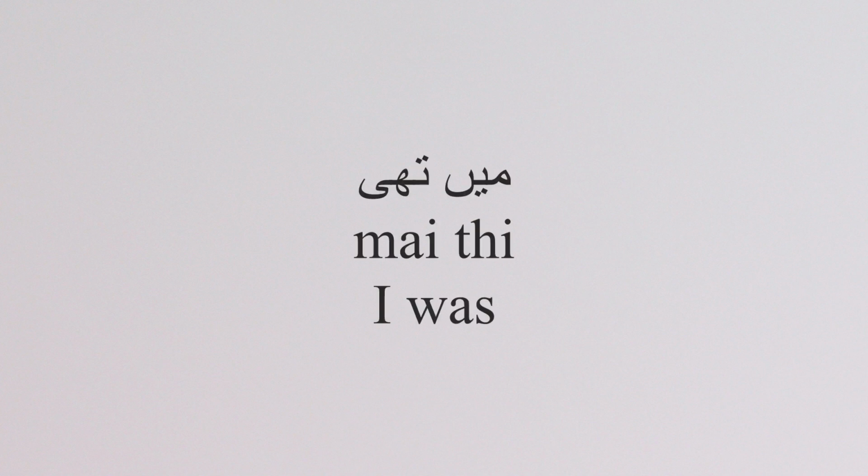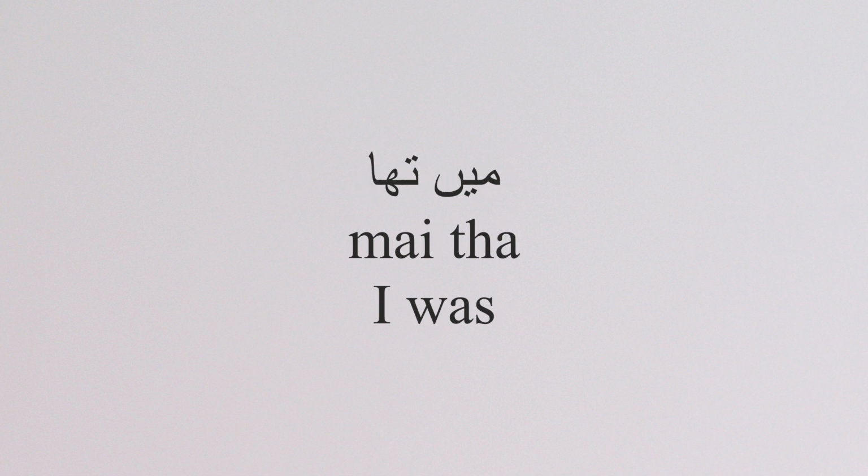So मैं हूँ will be मैं थी or मैं था for men. Tha is for men and thi is for female. The e sound is reserved for feminine subjects or nouns, and the a sound is for men.